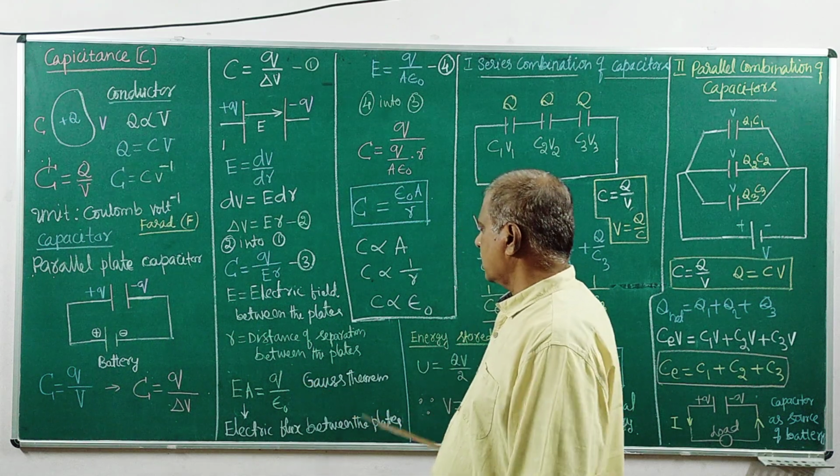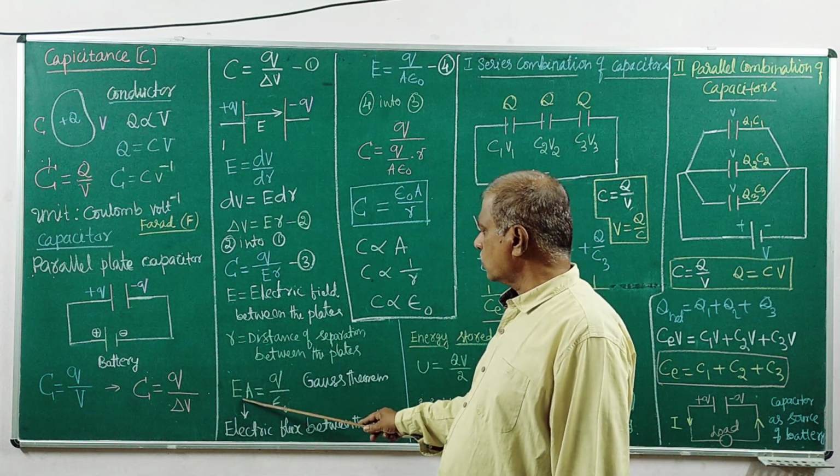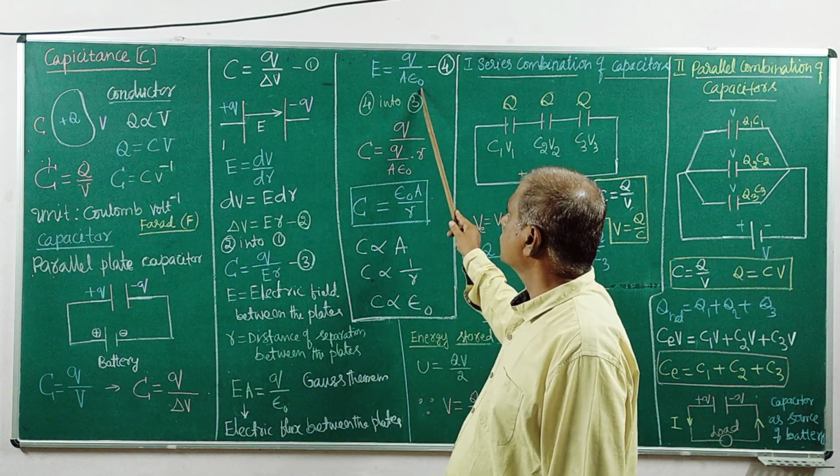So E is equal to Q divided by epsilon naught A.